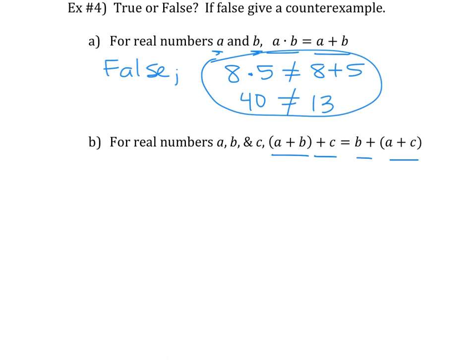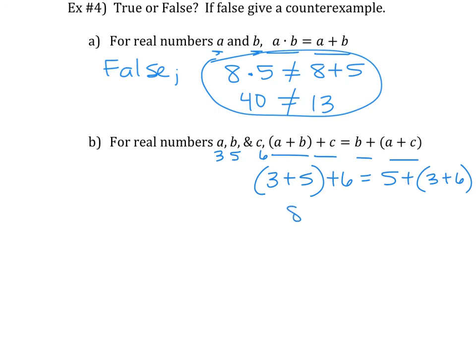So let's pick numbers. Let's say A is 3, B is 5, and C is 6, okay? We're saying 3 plus 5 plus 6 equals 5 plus 3 plus 6, okay? If we simplify that, they should equal each other.